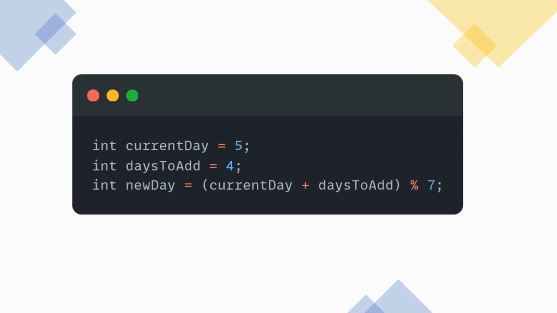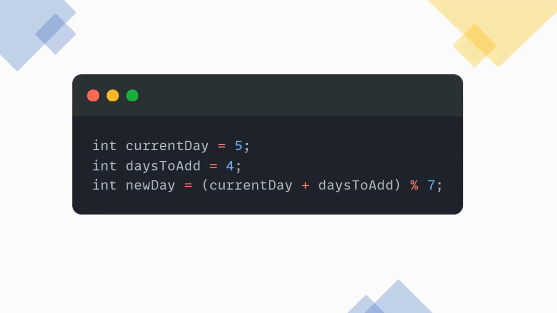I first initialize integer current day equal to 5, where in this case 5 is Friday. The next one is integer days to add. We know that it's 4 days based on the questions. Then our answer will be integer new day, the day that you and your friends are going to meet, equal to current day plus days to add modulus 7.